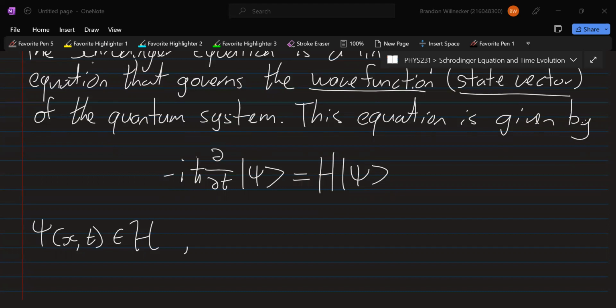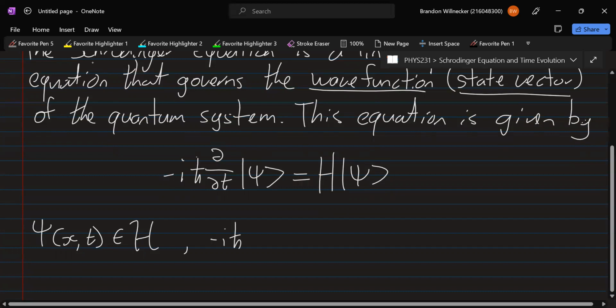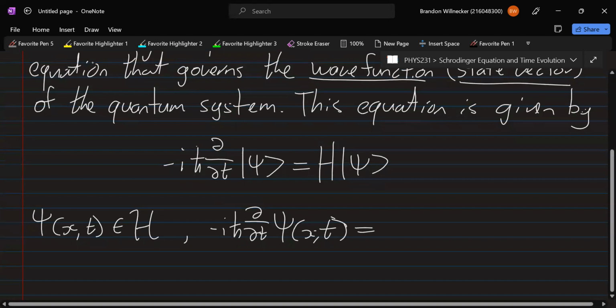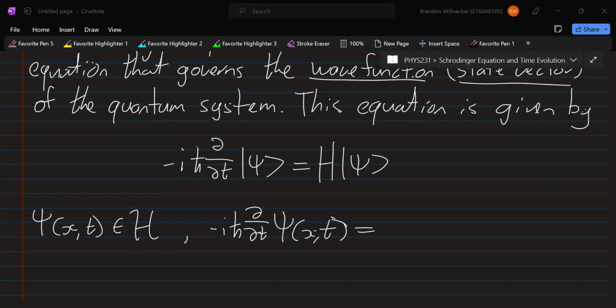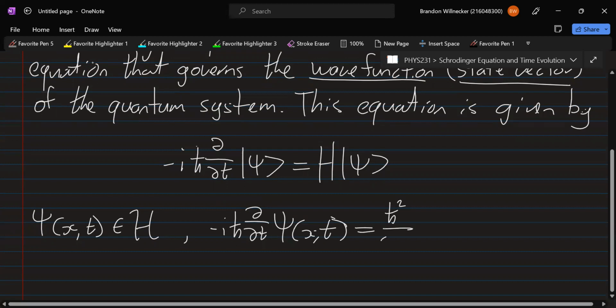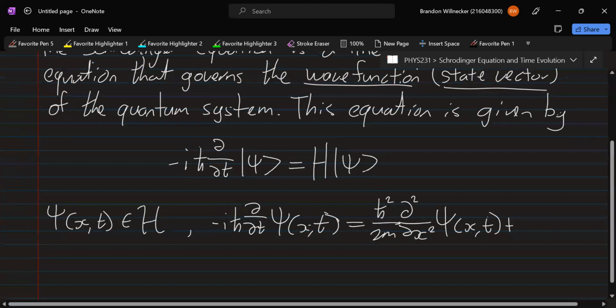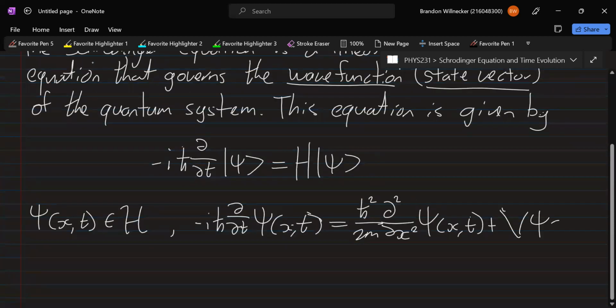If we look at these functions, the Schrödinger equation becomes minus i h bar d by dt of psi of x and t is equal to this energy operator. But from the function perspective, it's given by minus h bar squared over 2m d2 by dx squared of psi of x and t plus V psi of x and t.